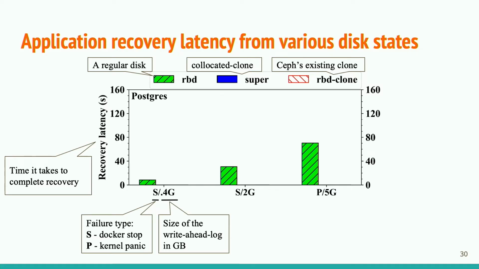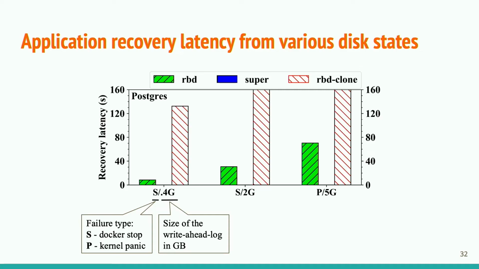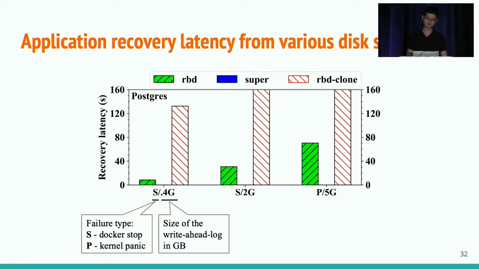So here we have the baseline, a regular RBD disk. We can see that an unclean failure indeed takes longer to recover. And a larger write-ahead log also requires more recovery work. And when we're doing recovery on the clone disk with Ceph's existing implementation, you can see that the recovery latency is significantly higher.